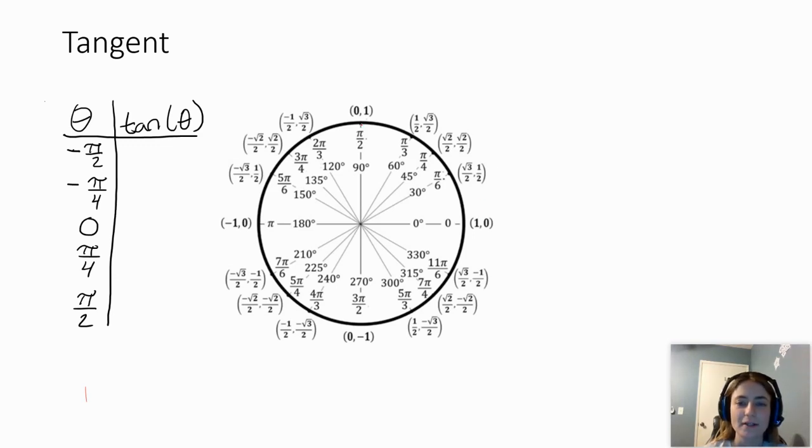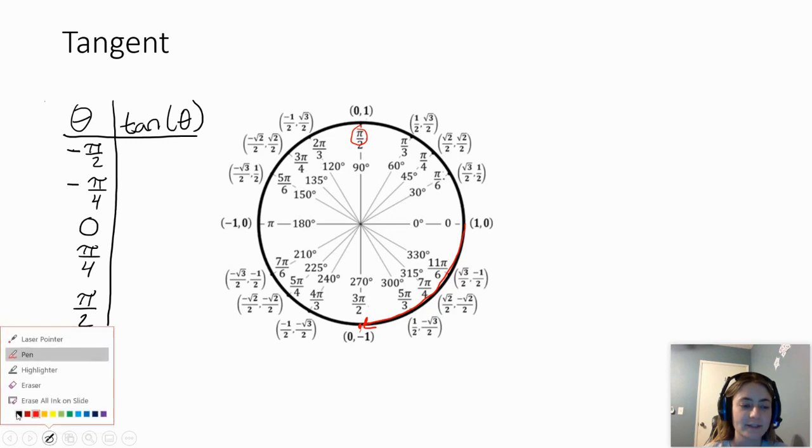So we know that pi over 2 is here, so that means negative pi over 2, we go clockwise. And we would look at this point here, x and y value of 0, negative 1. And we know that tangent is going to be y over x, or in this case, negative 1 over 0, which is undefined.